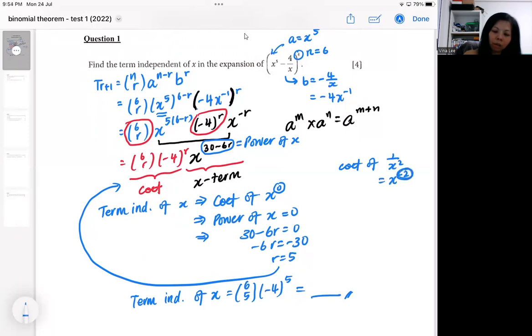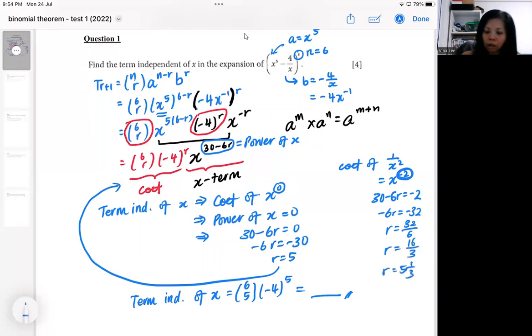So the power is minus 2. I will set the power to minus 2. So I'm just randomly giving you this calculation. So if let's say you are not getting a whole number, in this case, I'm not getting a whole number, 16 over 3, I don't have a calculator now.